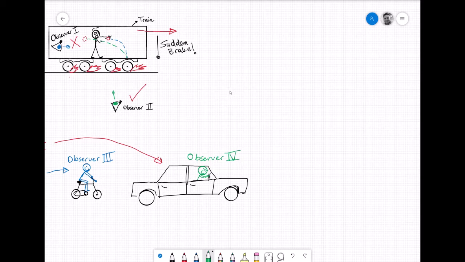So let's just assume that these are the trajectories seen by those observers. Let's say this one is seen by observer 4, and this one is seen by observer 3. Sorry, this one seen by observer 3, and this one seen by observer 2.